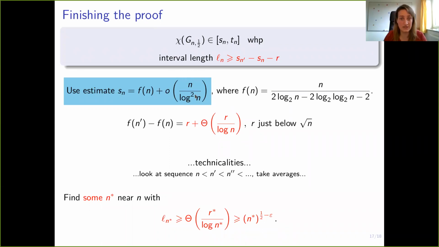If you're really interested in this, you can check out the paper, or you can just believe me that by looking at a sequence of values, you can make this work and find some n star nearby where the lower bound that we wanted up here actually holds. So some n star close to n, so that the length of the interval there has to be at least n star to the 1/2 minus epsilon.